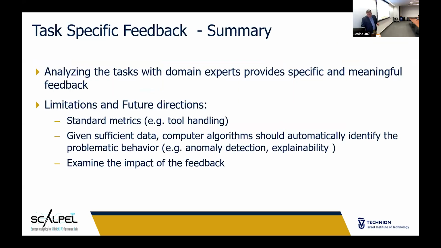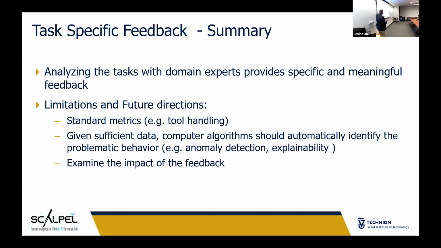So this was the first part of my talk. That specific feedback is really about analyzing and drilling down. It has the potential of giving more specific feedback, but there's much work to do. Right now, each time we analyze a task, we need to start over. We need a standardized language, like tool handling should be more standardized, and more standard metrics, not having to deal with each metric again.